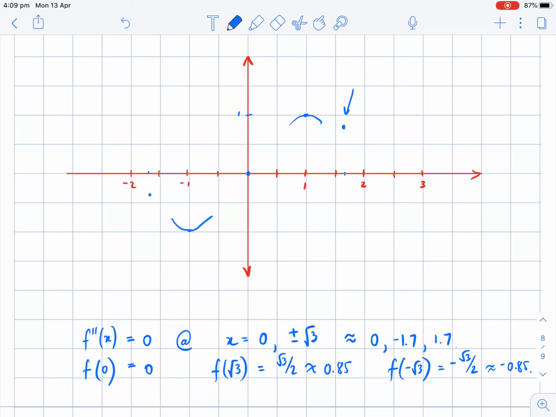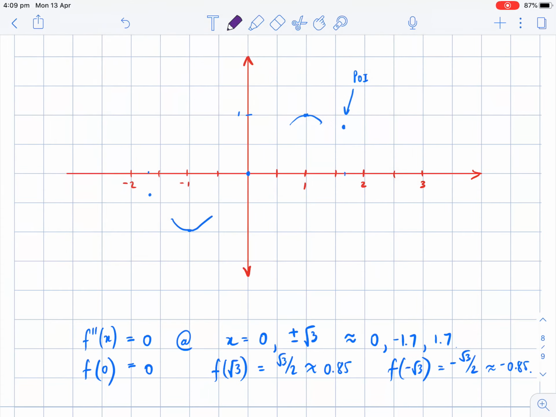Now this is, remember, a point of inflection. So the graph has to change from a decreasing gradient or an increasing gradient to the other one around. So here I can see it's an increasing gradient. It's got to be getting steeper like that. But it has to change at that point of inflection.